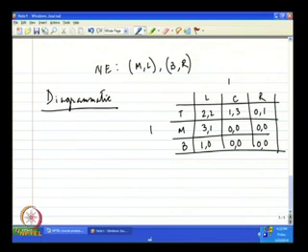Now, instead of putting dots here, what we are going to do is to put some dots, but not in this matrix itself.